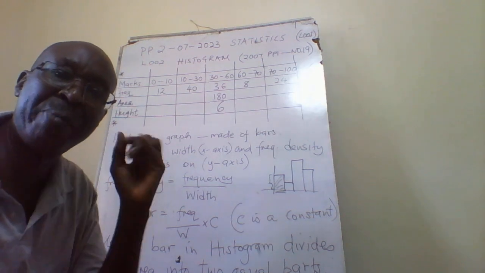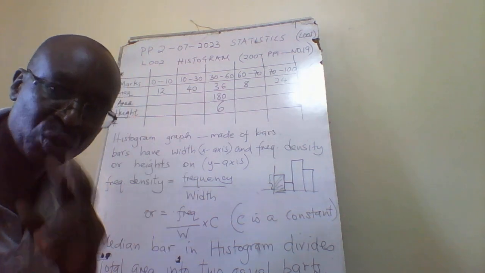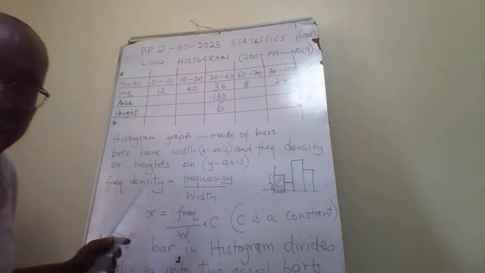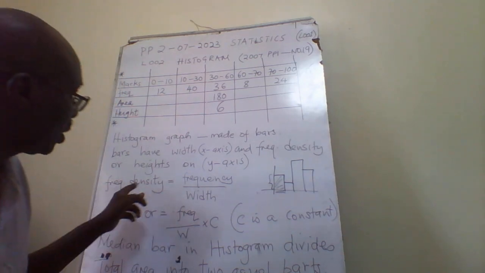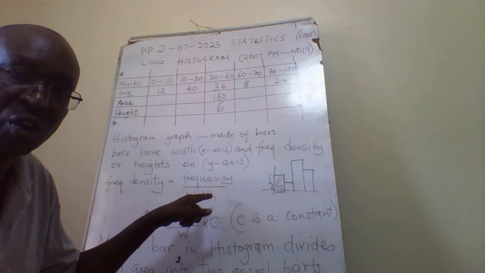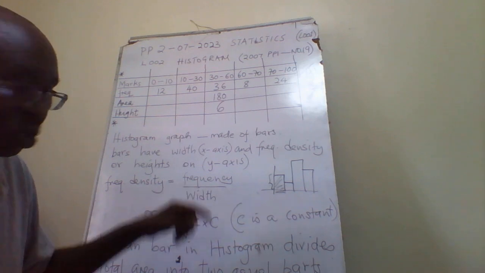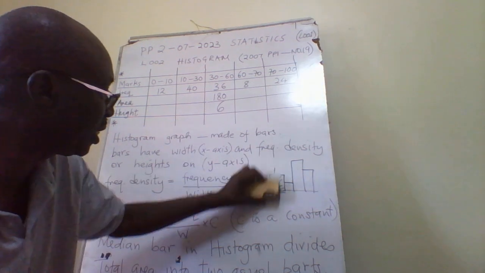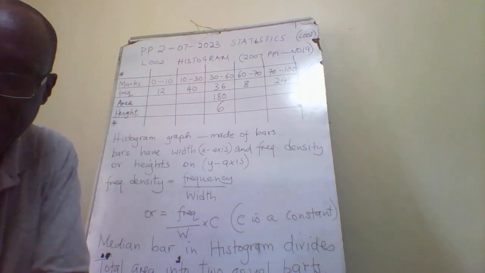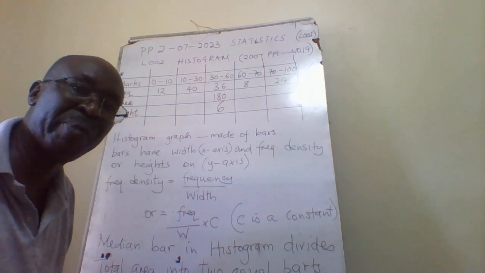Now, the basics of histogram, 2 things. You must know what we call frequency density. Frequency density is division of frequency by corresponding width. You take a particular frequency, divide by the width.